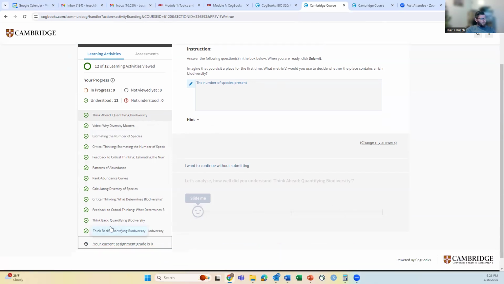Then if you look down here, it goes to thinking back, quantifying biodiversity, and it gives you feedback. It gives you a question, you read all the materials, watch the videos, do the activities, and then it re-asks that question so you can get feedback that way. They're all set up that way, so it's a structured thing.